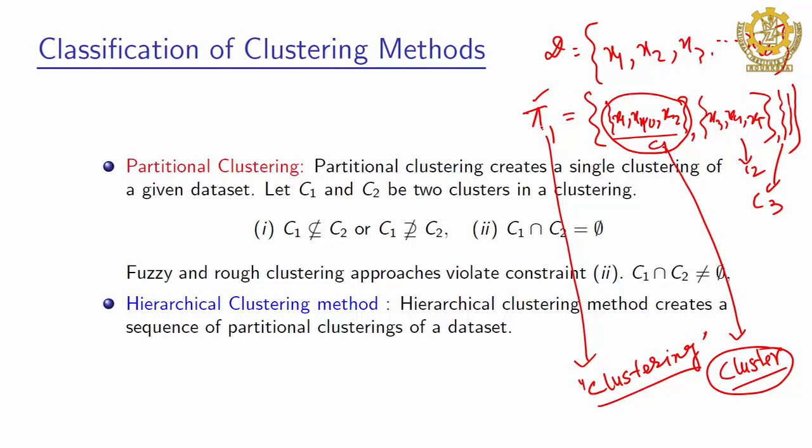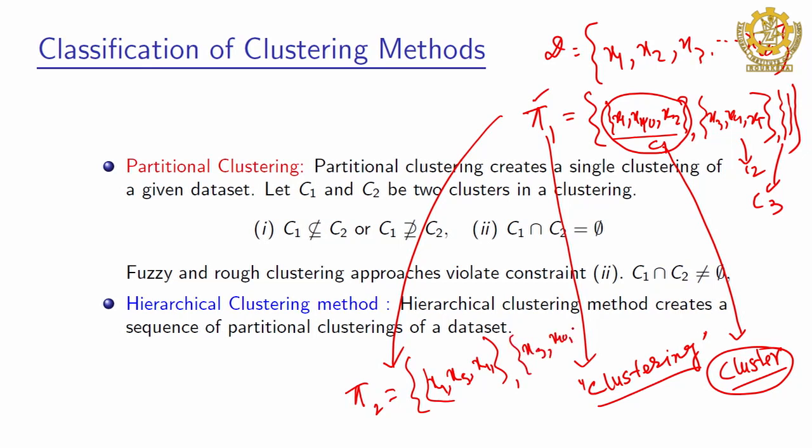So, this is something called a single partition. Some other clustering technique can give a result, let us say pi 2, with x 1, x 5 and x 11. So, this is C 1 and C 2 is something else, x 3, x 10 and so on.